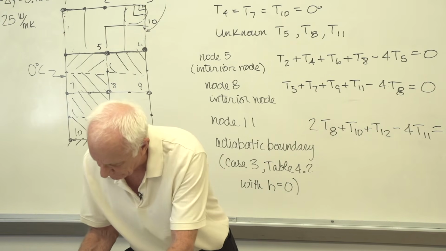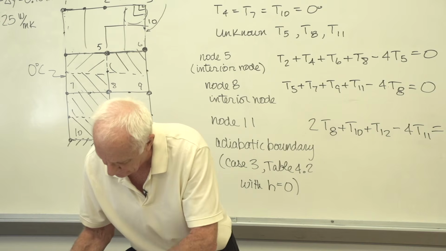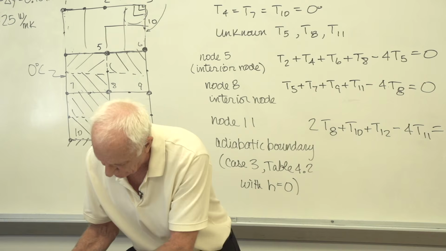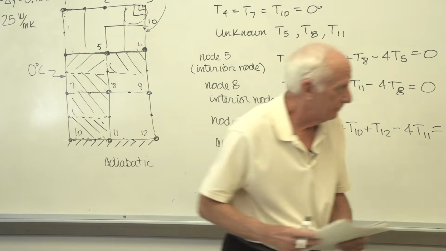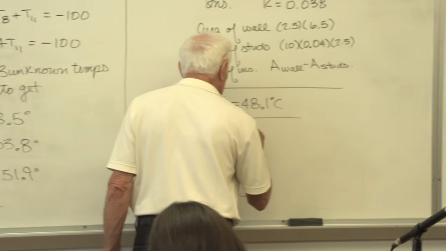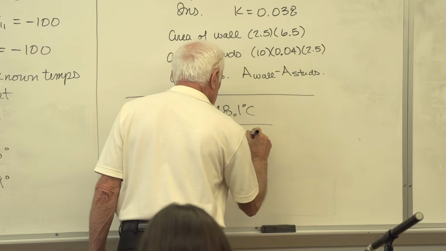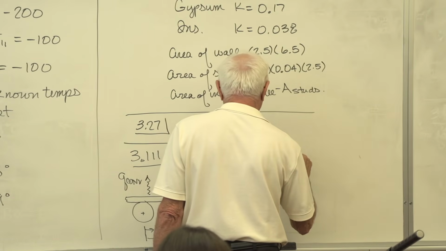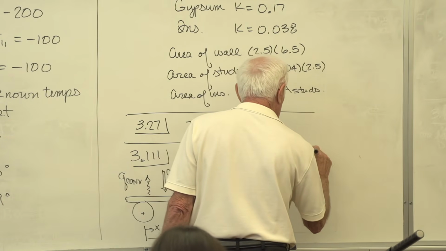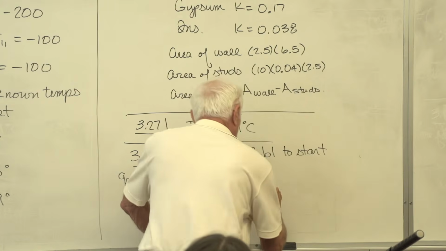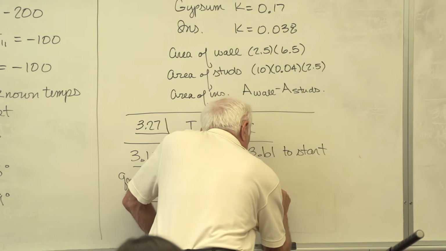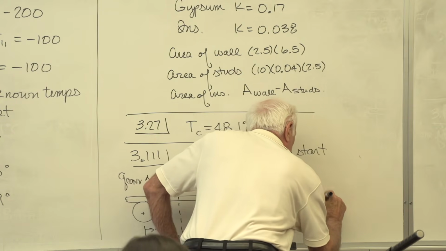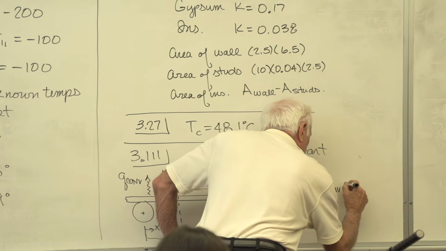The way you start that problem is to go back to the derivation of the fin equation for temperature, which is equation 3.61. You have Qx minus Qx plus dx minus Q convection equals 0.